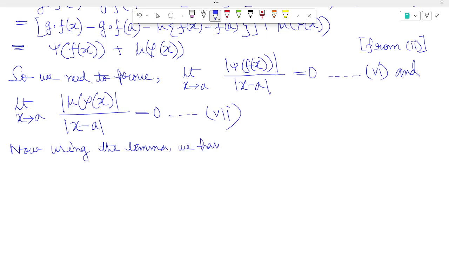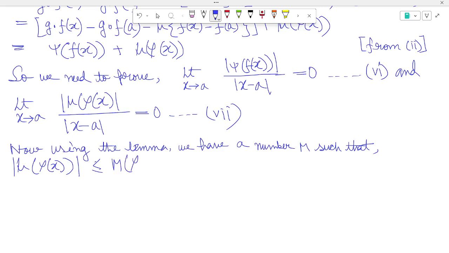We have a number m, that is, m is a real number such that mod of mu of phi x is less than or equal to m times the modulus value or norm of phi x, but we can obviously work with modulus value because any two norms are equivalent. Right.